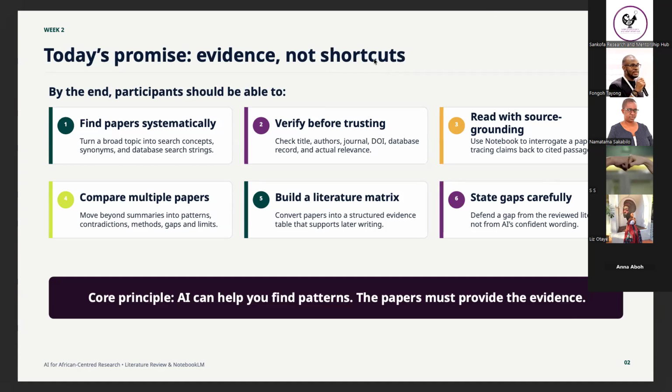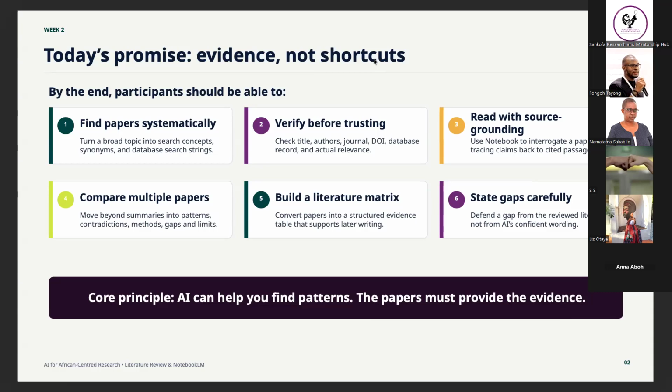Two, verify that those papers have the right title, authors, DOI, and database records before trusting them. Thirdly, read these papers with some source grounding. We want to use AI, like NotebookLM, to interrogate a particular paper to know what it is talking about while tracing the claims back to the cited passages.